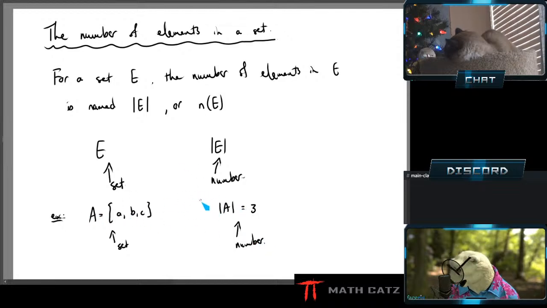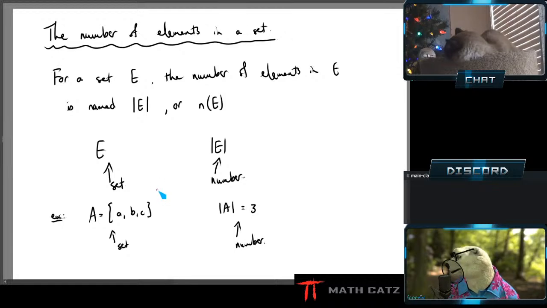And if you mix them up, I'm going to subtract marks because it shows a lack of understanding. So be very clear when you're talking about a set and when you're talking about the number of elements only in the set. Those things are obviously related, but they are not the same. Very closely related, not the same.